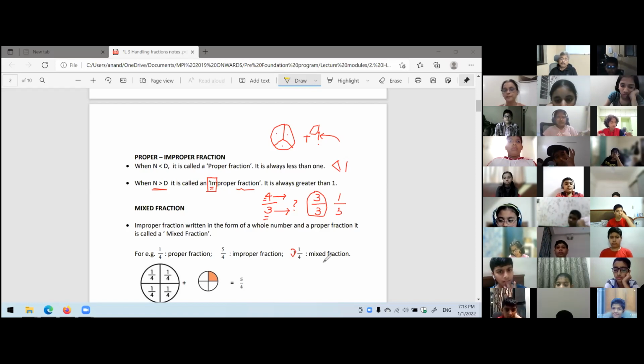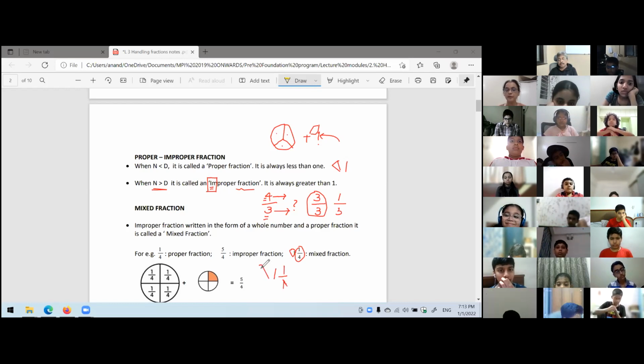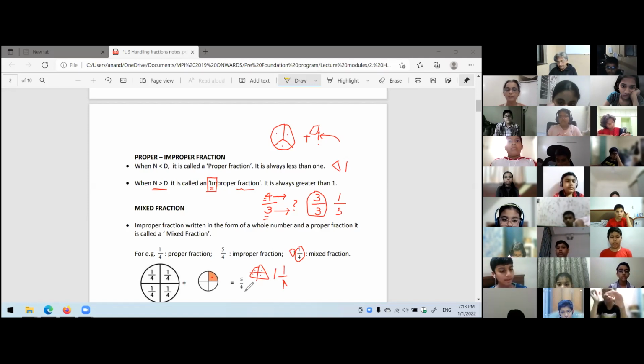So when I say one integer, 1 upon 4, that means I have taken 4 parts from the first whole and 1 part from the second whole. So it becomes 5 upon 4.